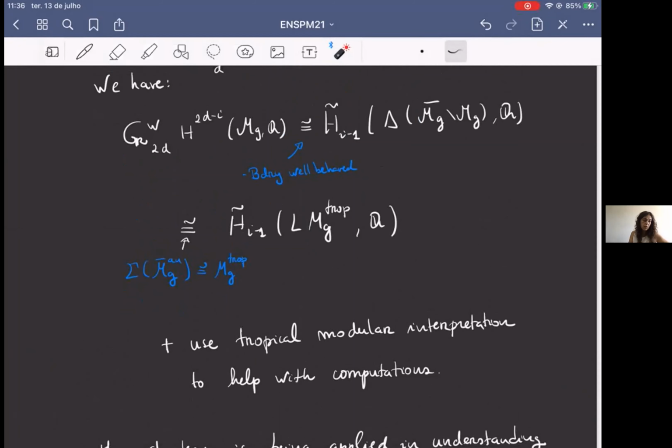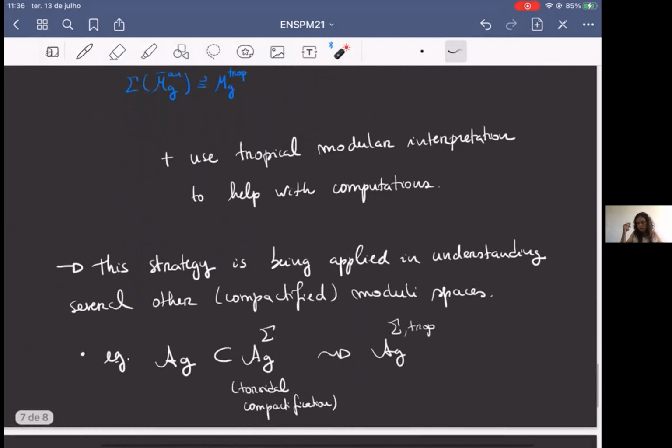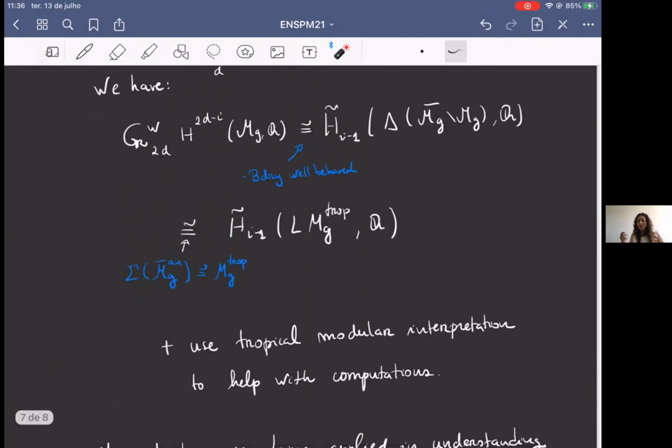So let me just finish by saying that I just told you the story about MG because it's easier and it's the first that we saw. But this is a strategy that can be applied in general. So each time you have a nice compactification of an algebraic geometric space, if you can understand the boundary in a nice way, you can apply this isomorphism.